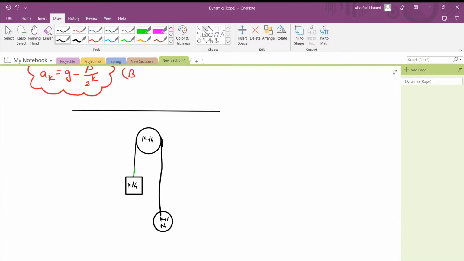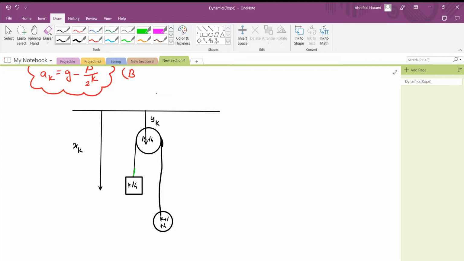Let me say that the place of the kth block with respect to this wall is xk, and also the place of the kth pulley is yk.